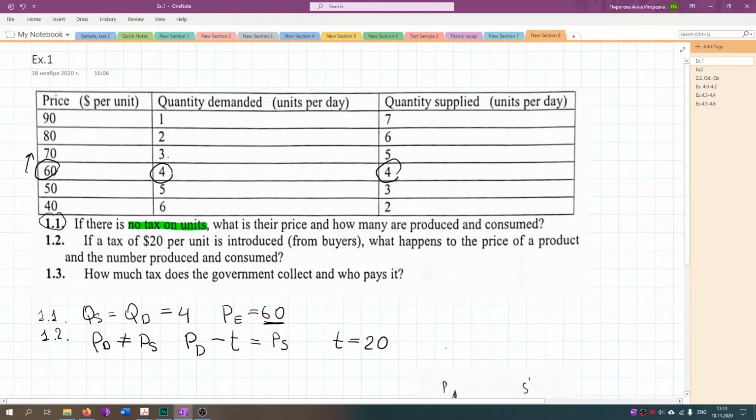Our price for buyers now will be 70, and therefore the price for sellers will be $20 less, it will be 50, and our buyers will be able to afford only 3 units because now the price is higher, and so our quantity equilibrium in this case will be 3.